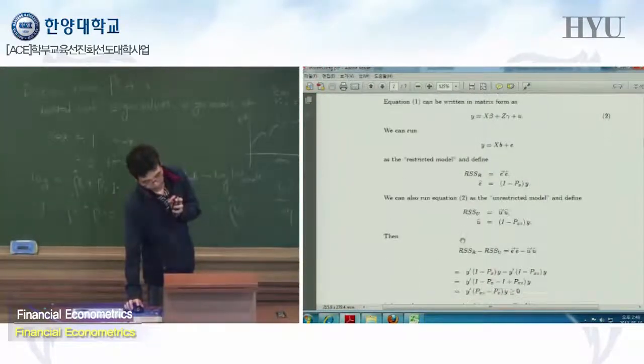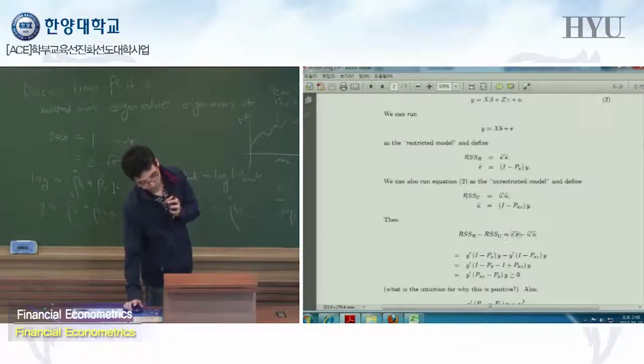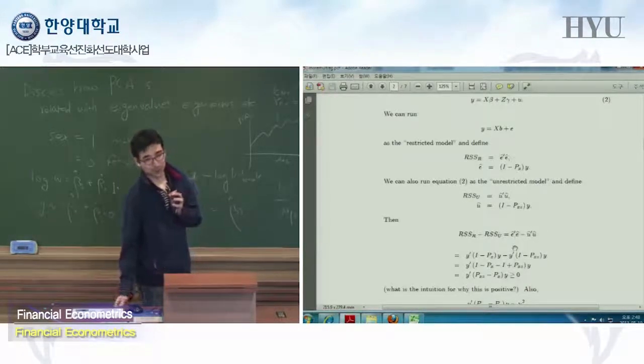Then RSSR minus RSSU is E hat prime E hat minus U hat prime U hat. Then it is Y prime (I minus PX) Y, right? Because I minus P is also a projection matrix, so it is idempotent.